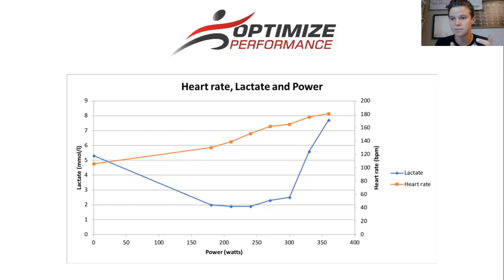At 150 watts, 200, 250, 300, you see this slight incline of lactic acid production. And then you see that giant spike, which correlates with heart rate, which is to be expected.